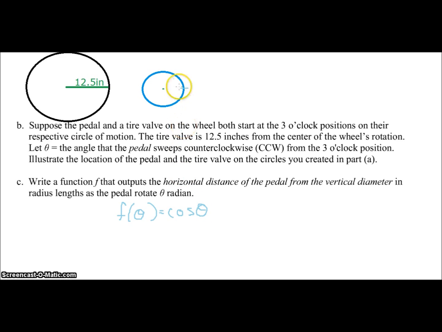And that will tell us, if we rotate some angle theta here, this yellow horizontal distance that we've come out, in terms of the number of radius lengths. Notice that we're asked for radius lengths, so this works. If we were asked for inches, we'd have to multiply by the radius of this circle, but we don't know what that is.